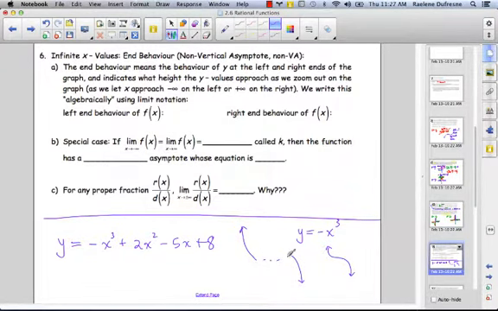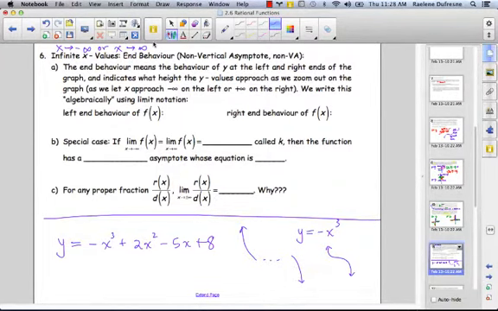But we've never had to deal with the quotient and the remainder over the denominator from polynomials before, because there is no denominator, there is no quotient. So in the case of rational functions, if we look at infinite x values, as x approaches negative infinity or as x approaches positive infinity, we are no longer looking at discontinuities.